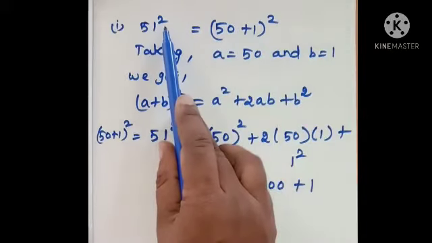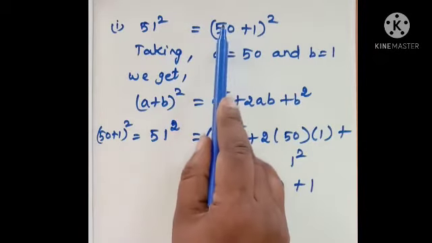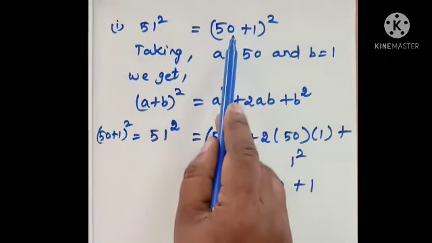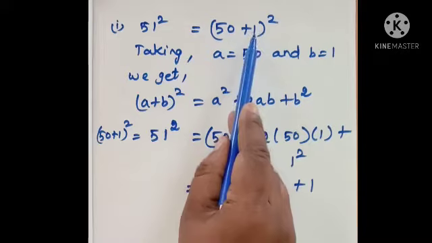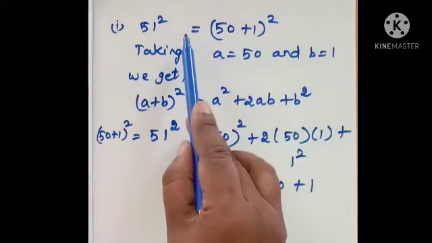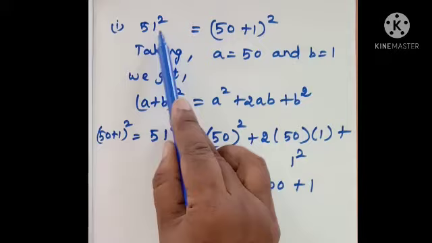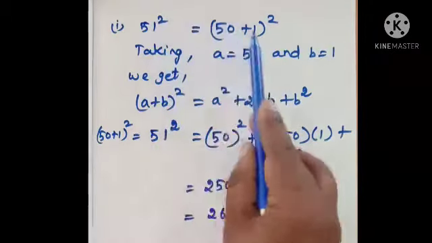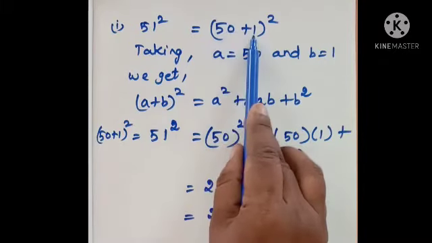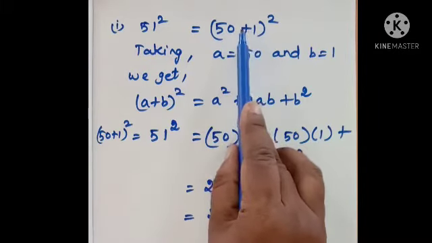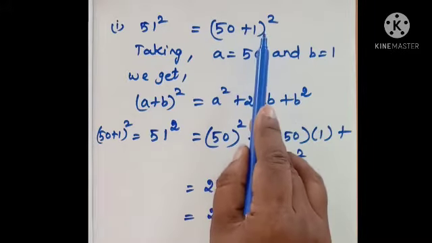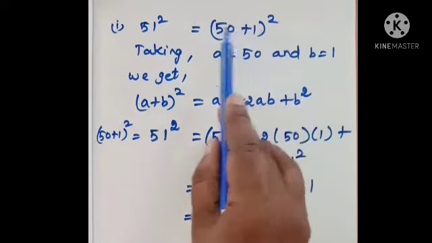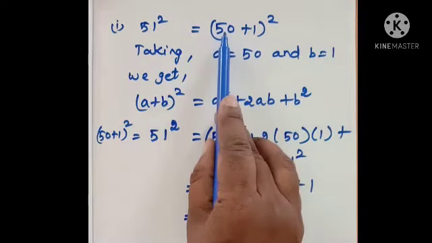That is, 51 can be expressed as 50 + 1. Here the square is common for both values, and it is of the form (a + b)² = a² + 2ab + b², the left hand side of the identity.